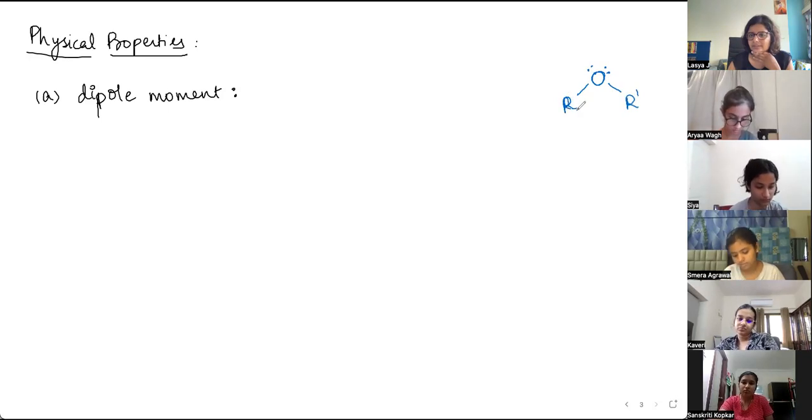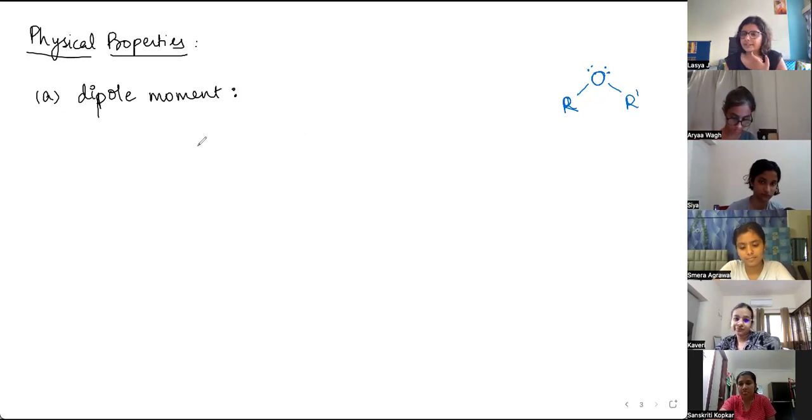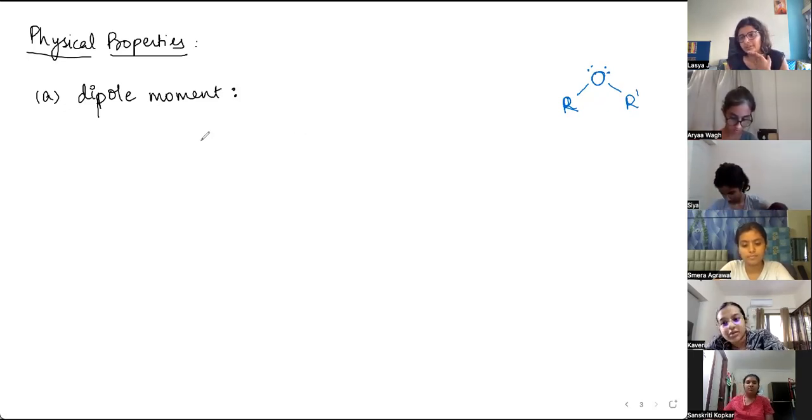Whether it's symmetrical or asymmetrical, it's attached to carbon only on both ends. So considering all of this, what do you think the dipole moment or the polarity will be? It will be polar. And what would be the scale of the polarity?